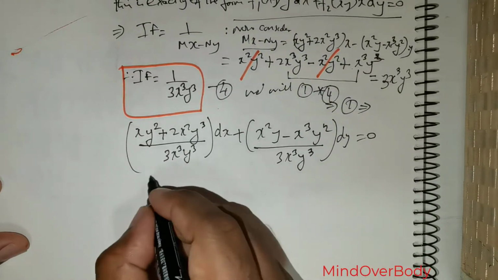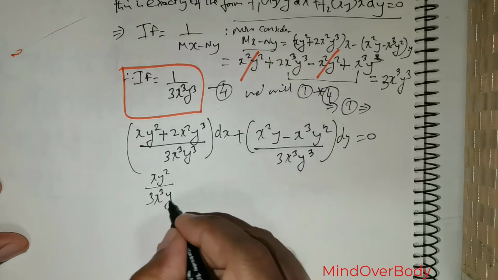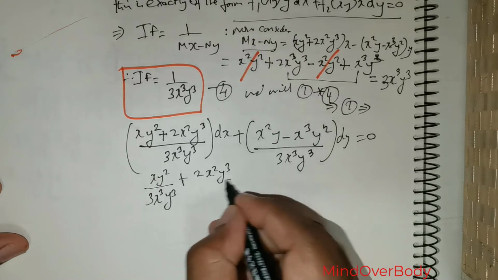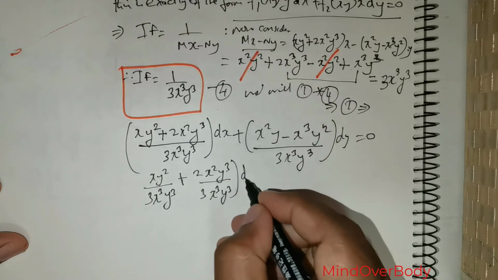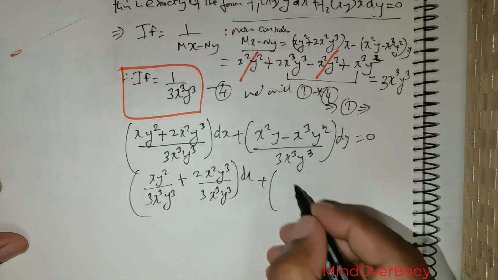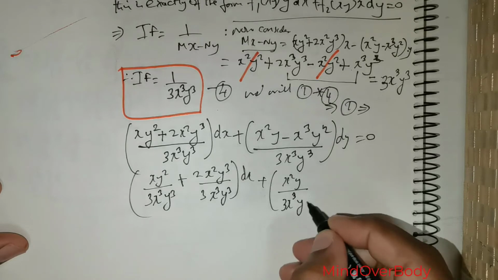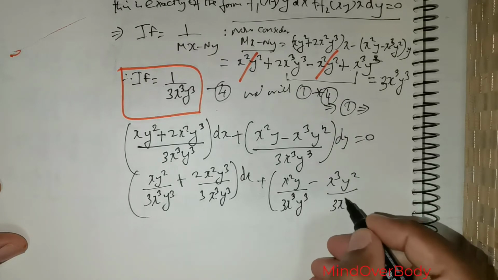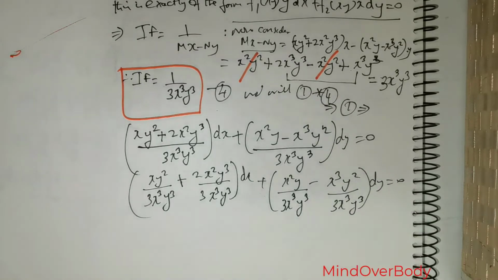So this can be rewritten as xy² over 3x³y³ plus 2x²y³ over 3x³y³ times dx, plus x²y over 3x³y³ minus x³y² over 3x³y³ times dy equal to 0.